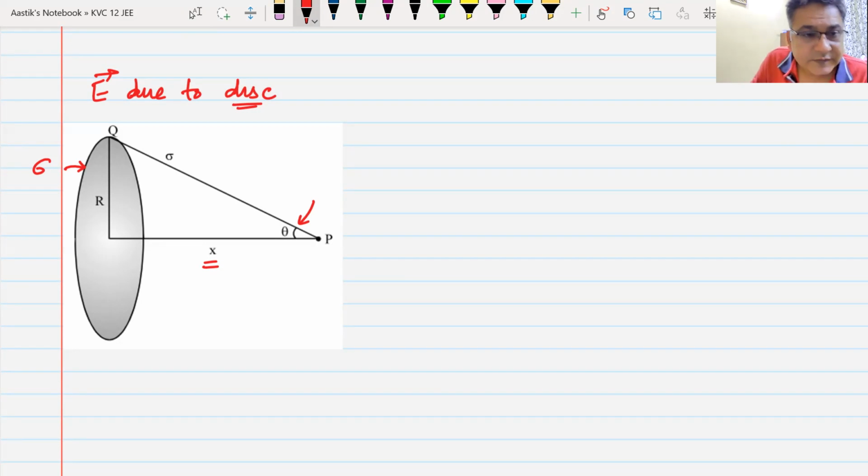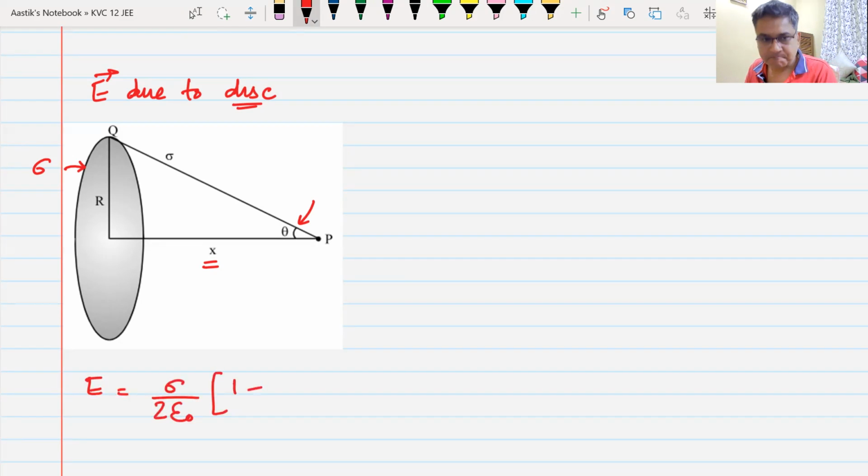It's better to write it as cos theta, so that it will be easier for you to remember. 1 minus cos theta. Sigma by 2 epsilon naught, 1 minus cos theta. Easier to remember. You can easily find the value of cos theta.